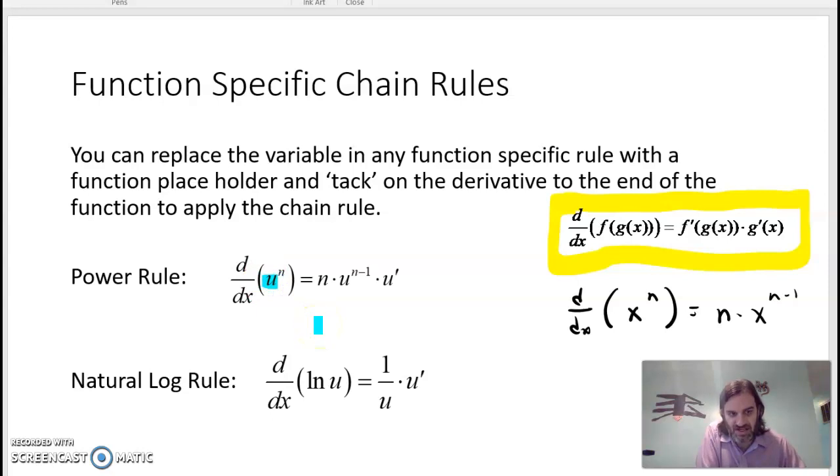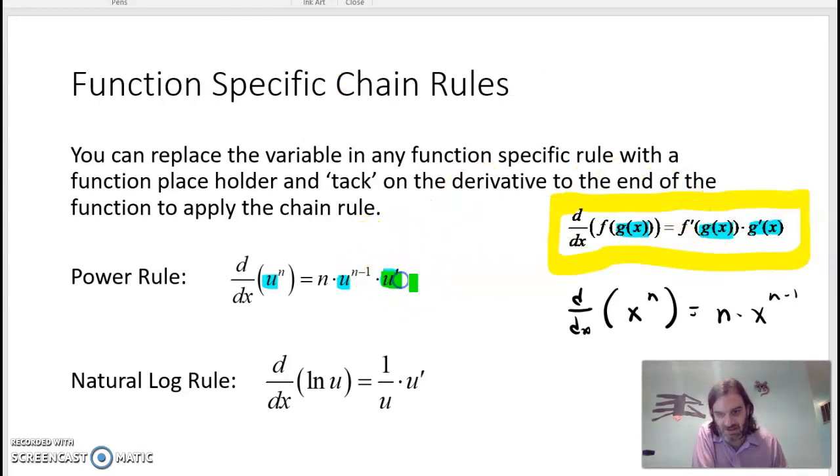Now u could be an expression or a function, similar to the way we use it in the product rule or quotient rule. And if we do that, then something to the n is our f, but the something is our g. So we can think about this u being the g, and if the u is the g, then we would tack on the g prime.